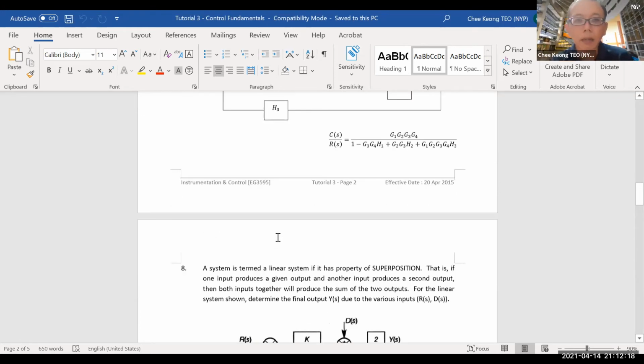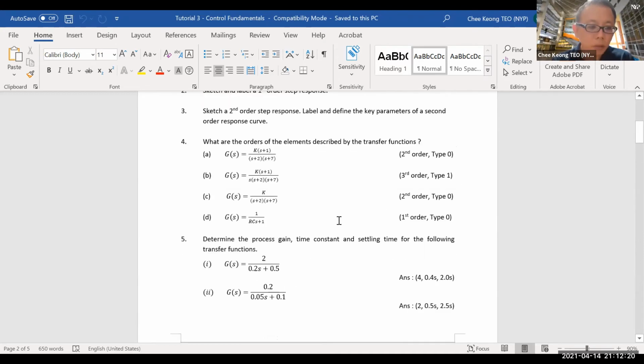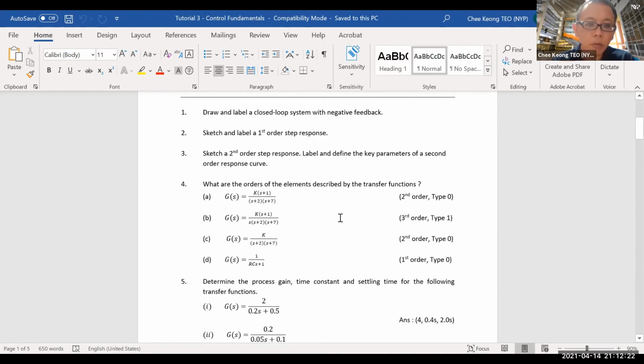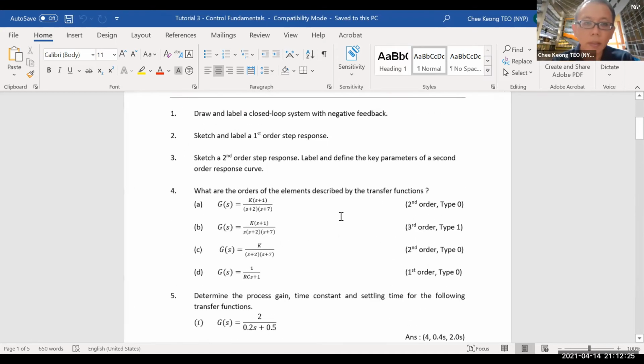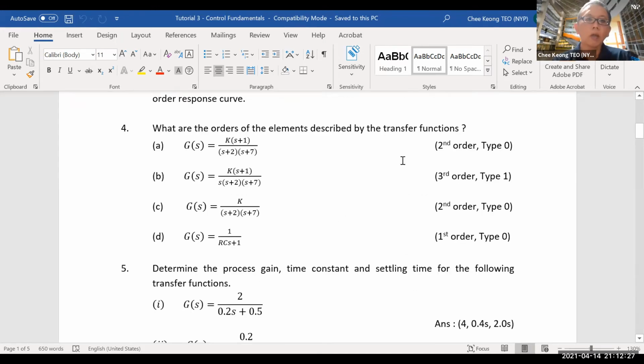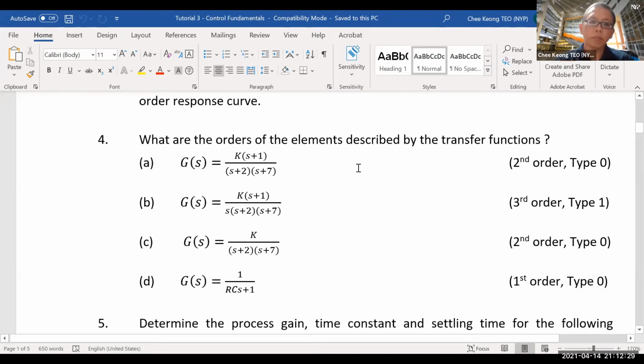Let's look at 4 first. Maybe I should blow it up a little bit more. What does the question state? The order and the type of the transfer function below. When we talk about order and type, we always look at the denominator. For this case, the denominator is S plus 2 multiplied by S plus 7.